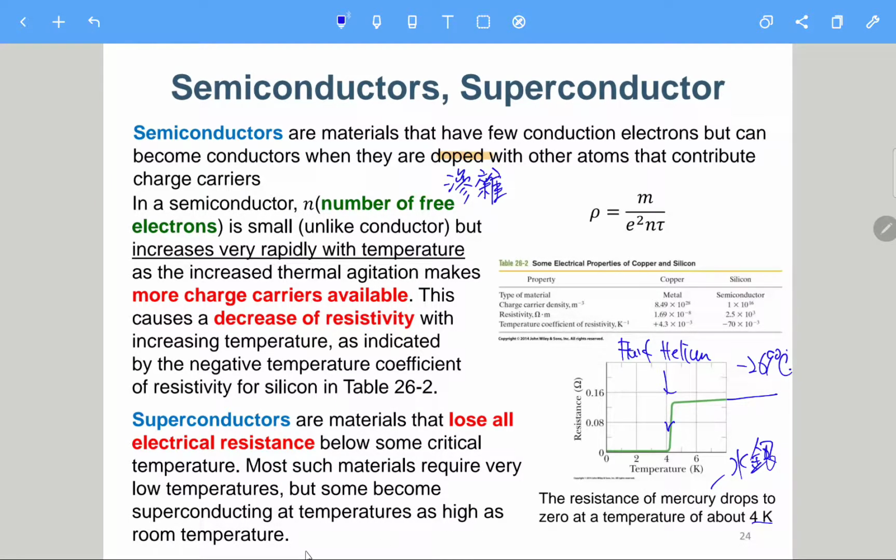So the chemists or the mechanical engineers try to find some material such that the superconducting phenomenon can appear at a higher and higher temperature, so that we don't really need the liquid helium. Maybe we only need liquid hydrogen, maybe it is already enough.